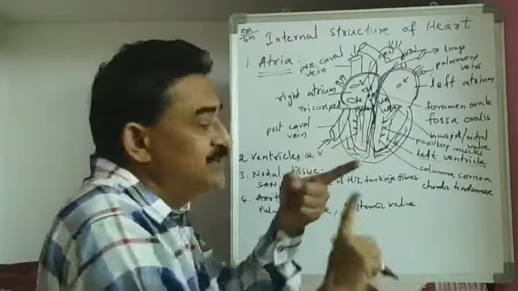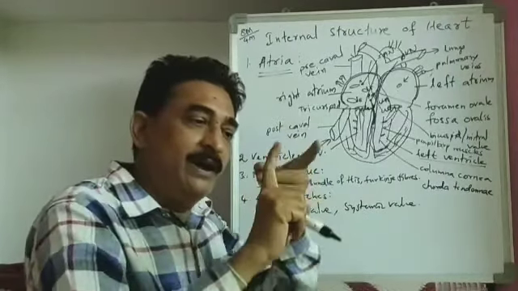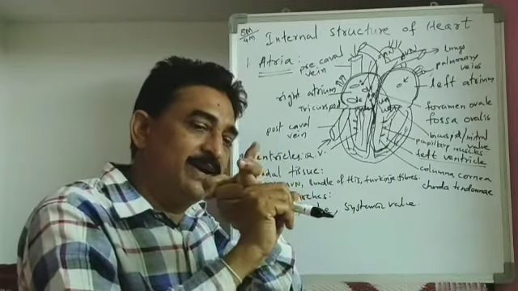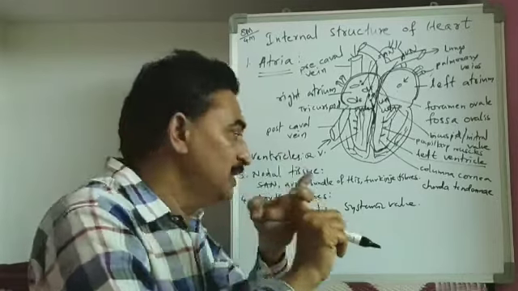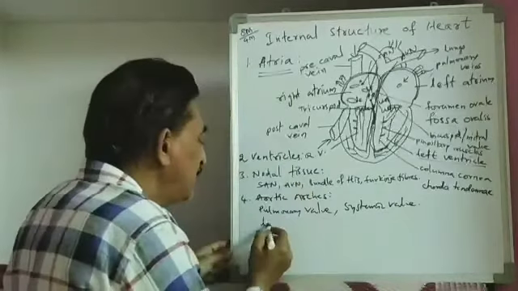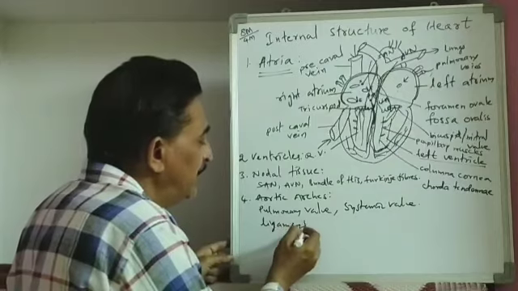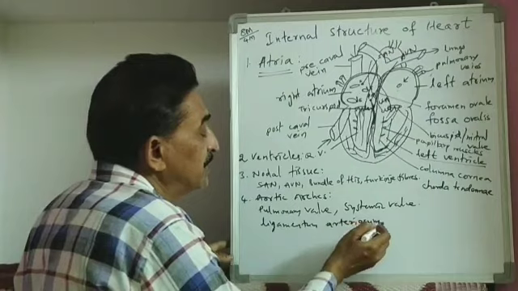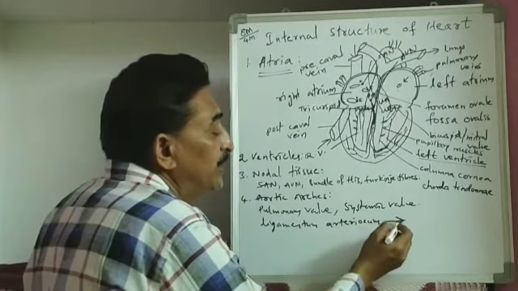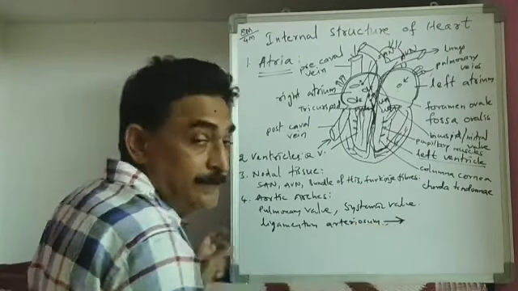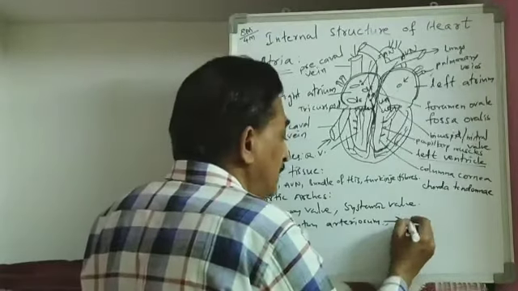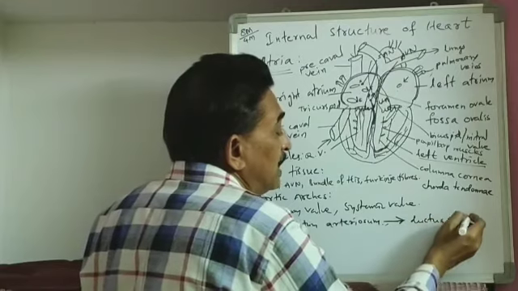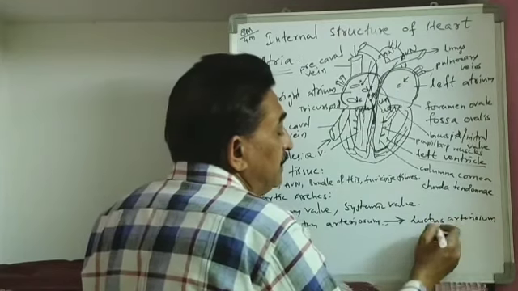Then at the junction of the pulmonary and systemic arteries, at the point of touch, there is the ligamentum arteriosum. This is the remnant of the ductus arteriosum of the fetal stage.